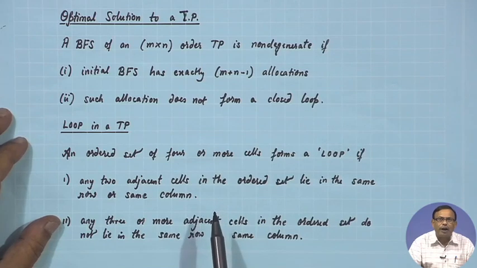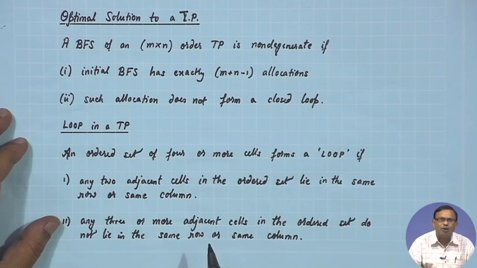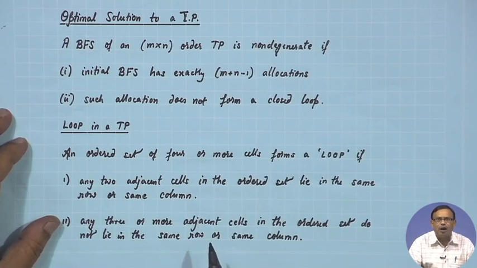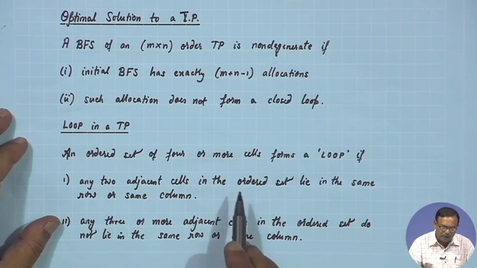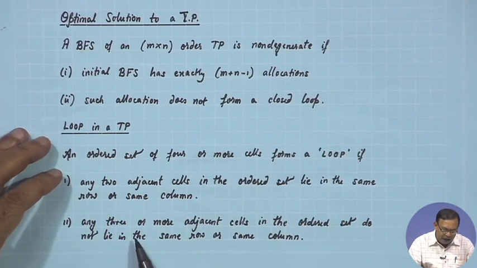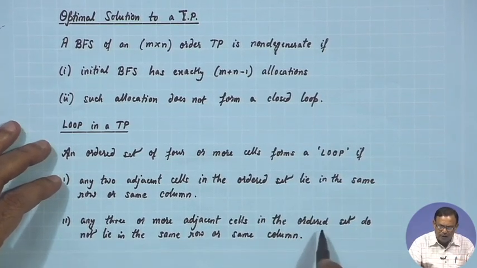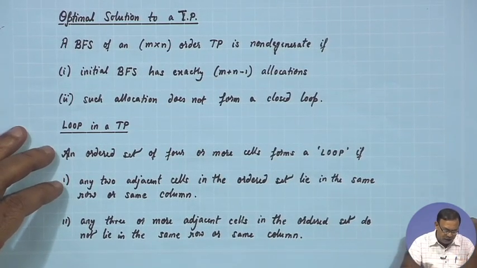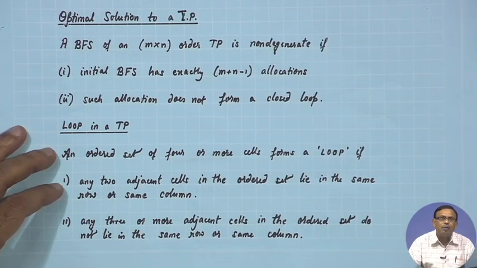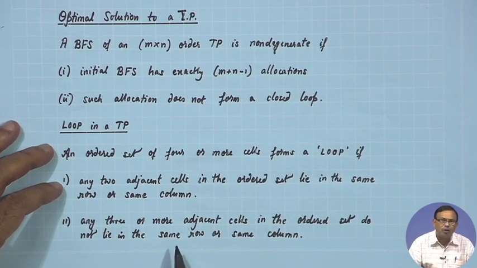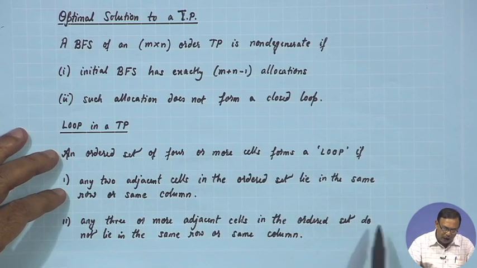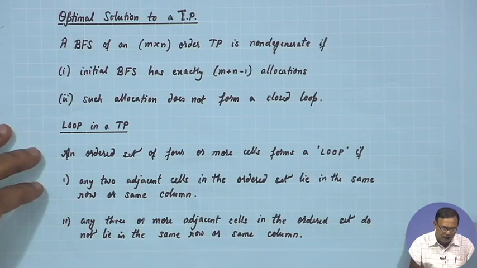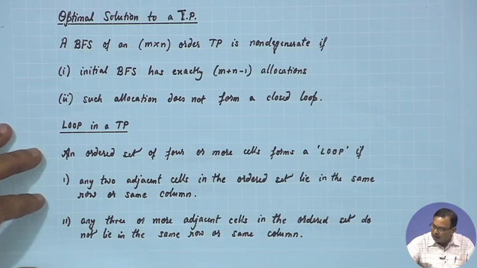So, I will take an ordered set of cells, of minimum 4 or more cells, where any two adjacent cells in the ordered set lie in the same row or same column, that may form a loop, and any 3 or more adjacent cells in the ordered set do not lie in the same row or column. Please note this one.